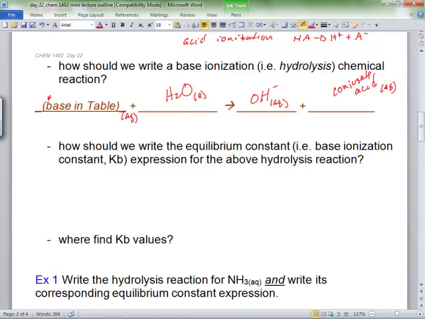Okay. So how should we write the equilibrium constant? They call it the base ionization constant, Kb. Now notice again, there's a subscript, that B. So that means you have to write the reaction how we did it up there. It would be what over what? How would you write it, Desiree? How would you write that Kb expression?